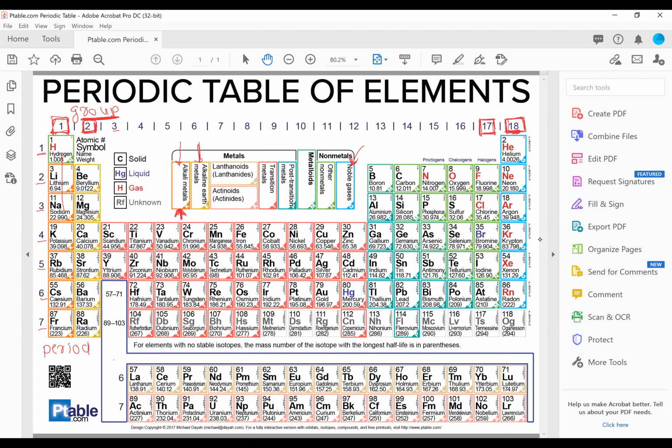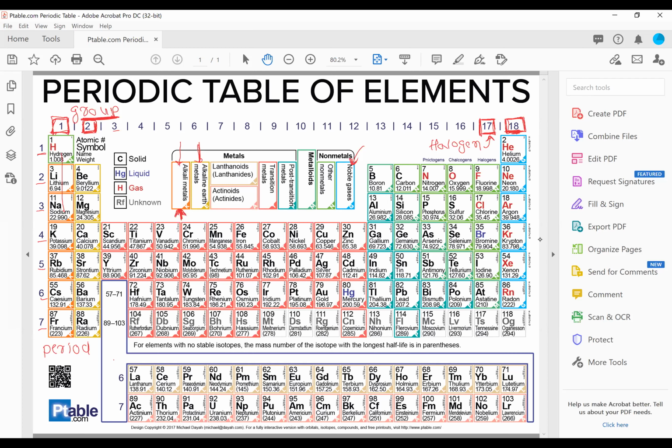So they're called noble gases. And the second to the last group, group number 17, is called halogen. I'm not sure why the name is not here. I'm just going to put this down here. Halogen. Group number 17 is called halogen.